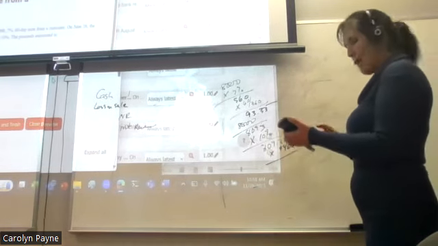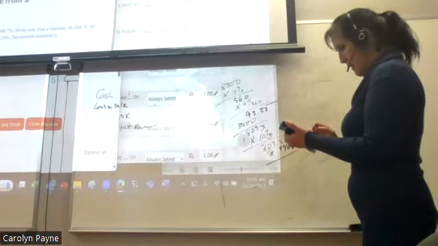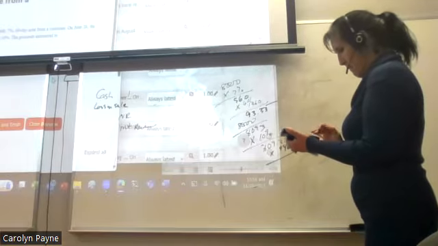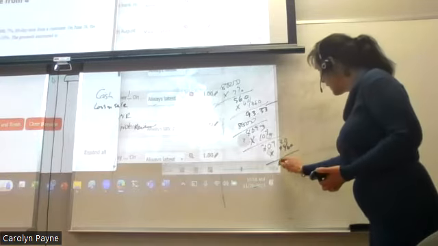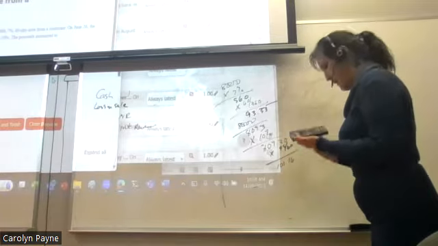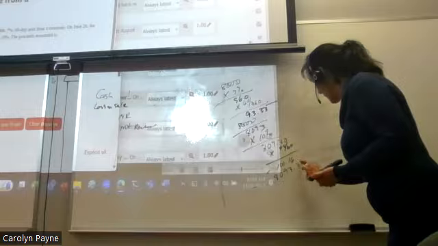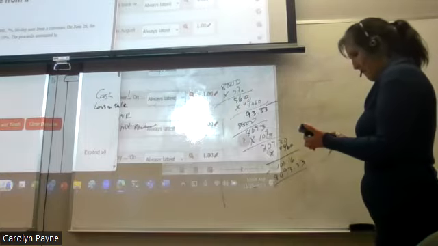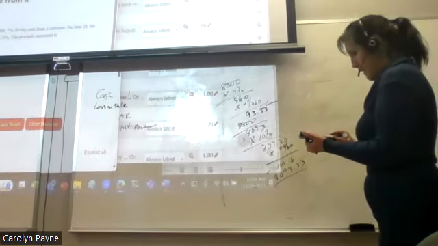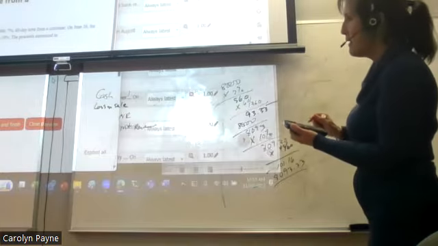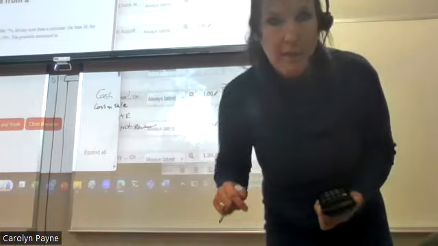So the customer's going to pay in 45 days. 101.16. So they're going to pay $7,992.16.